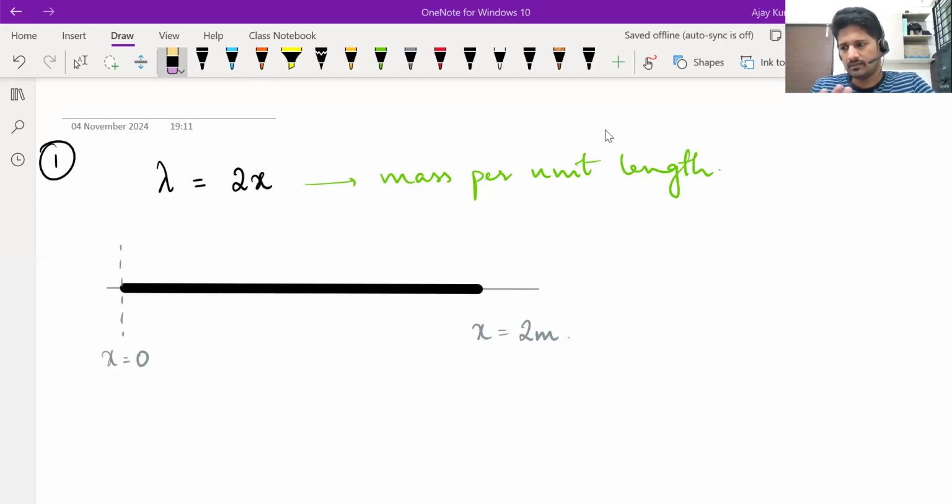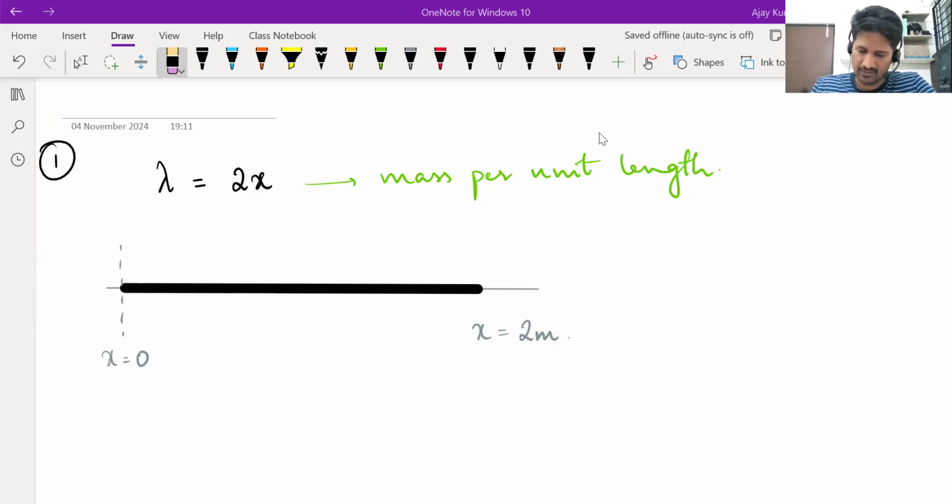We know that the mass density increases as we go to the right side. As you move from x equal to 0 to the other end, density of the particles increases. So do you think the center of mass will lie at the midpoint, in the right half, or in the left half? Right half, sir. Right half, obviously. Center of mass is closer to the heavier mass always.